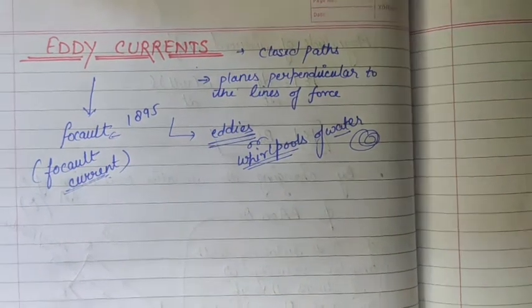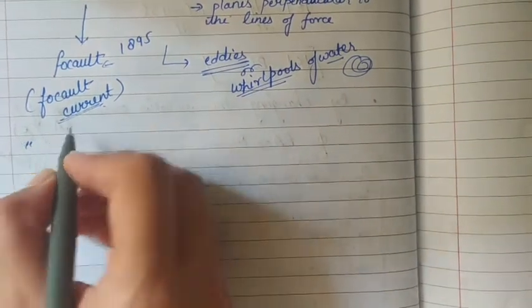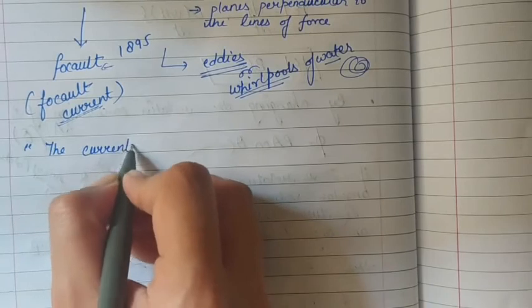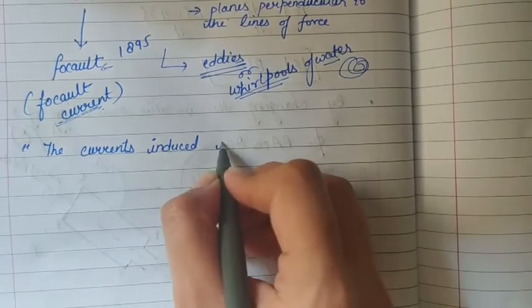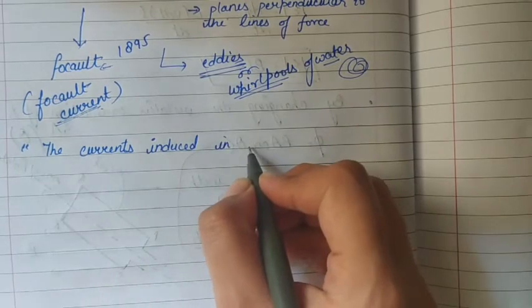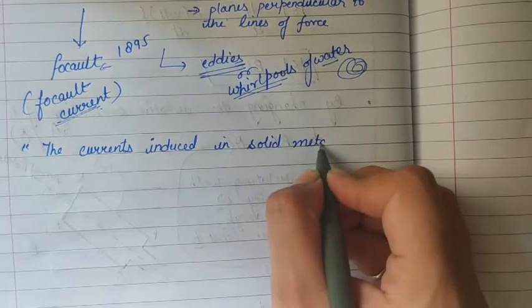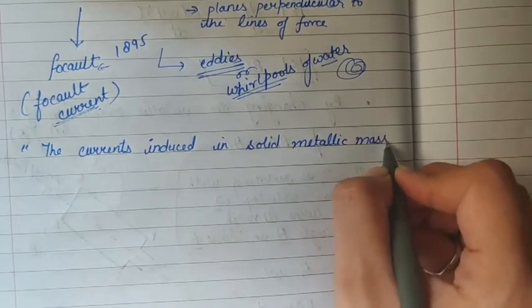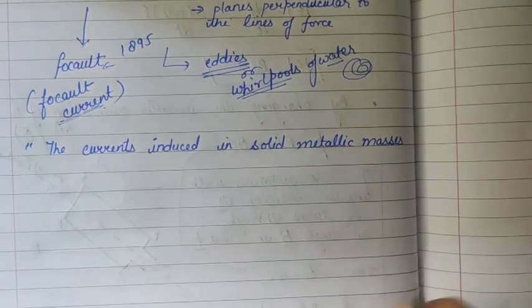So now we are going to define eddy currents. We can define them as the currents induced in solid metallic masses. Now this mass can be a sheet or a block. It can vary.